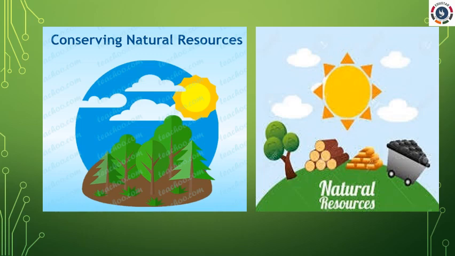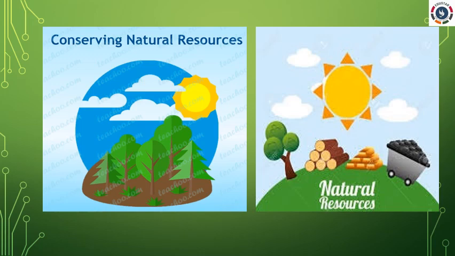But with the rapid increase in population, there is increased demand for natural resources. Forests are a natural resource. So cutting of trees damages the natural environment. Clearing of land for farming and construction of buildings have cleared forests and the animals that live in them.